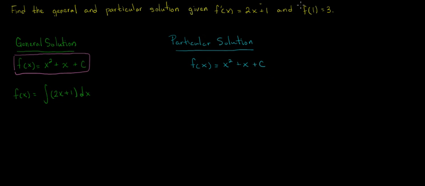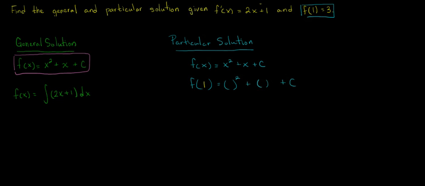Well, we go back to our problem. We say, well, look, f of 1 was equal to 3. So if I plug in that 1 for x, then my problem becomes, let's see, I'm going to have 1 squared, right? I'm going to have something squared plus, again, something that's our x plus our c.